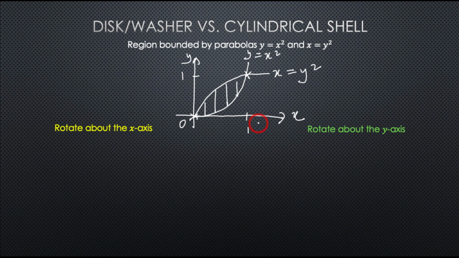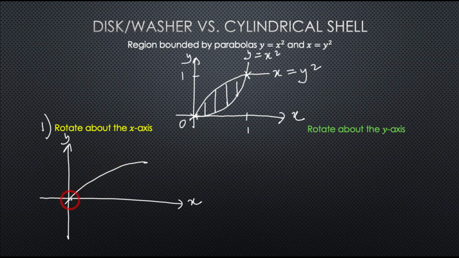The objective is to find the volume generated by this region when it is rotated about the x-axis like this, or rotated about the y-axis like this. Let's sketch the graph. This is the y-axis, x-axis. So the two graphs like this, (1, 1).